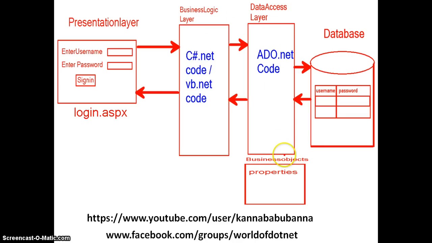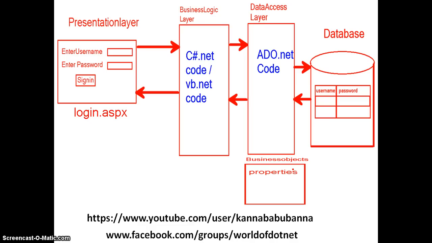And here I have taken one more separate class file, that is business objects, where I will declare the properties. How many columns are there in your database? Each and every column is an individual property that we have to declare in our business objects. And what is the main advantage of properties? Properties are generally used to transfer the data between the classes.